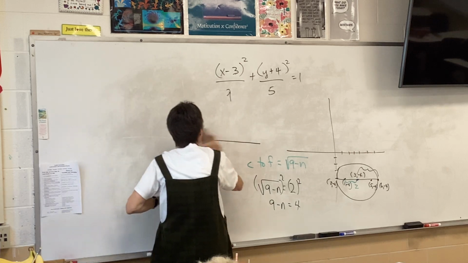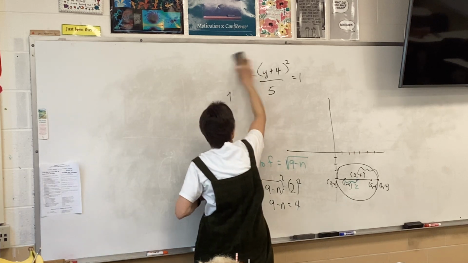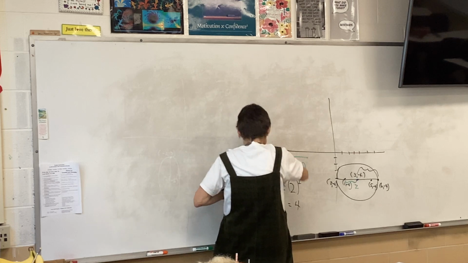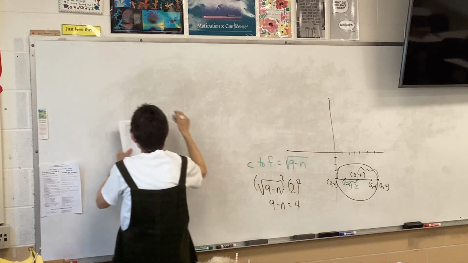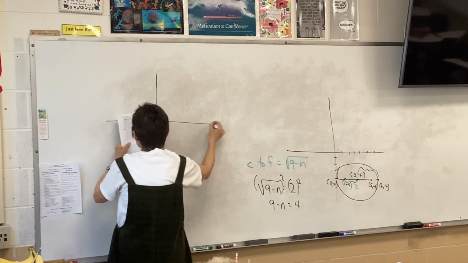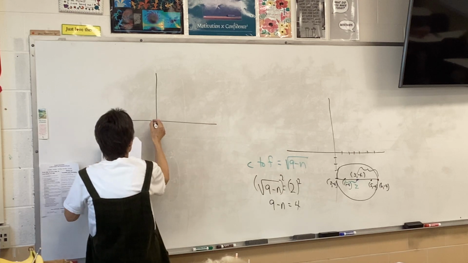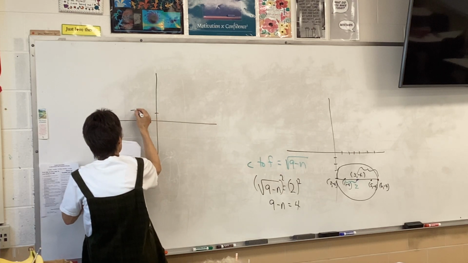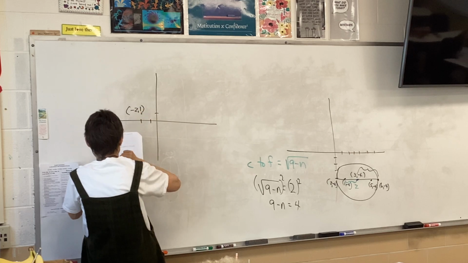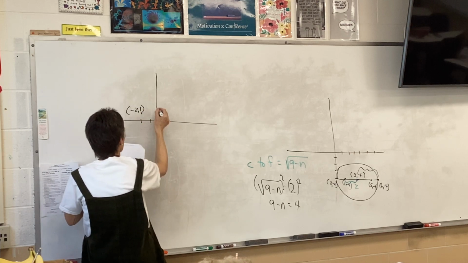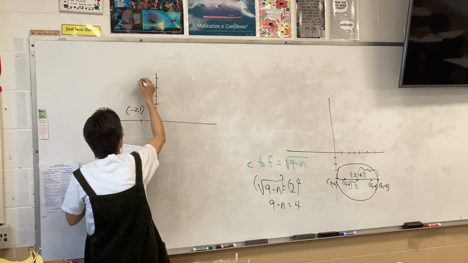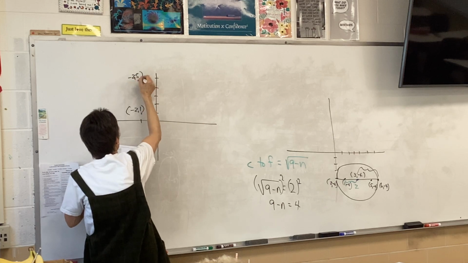There will be one problem like this on your test, not on your quiz, but on your test you will have a problem like this. So what's happening in I? (-2, 1) is a focus. (-2, 5) is a focus.